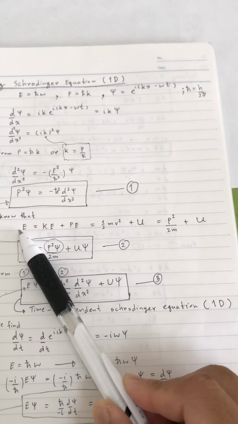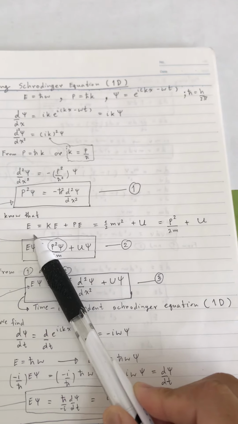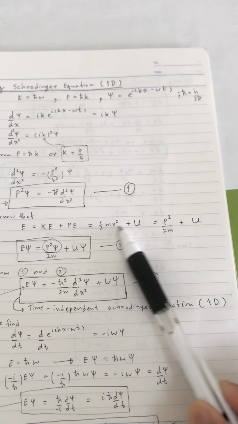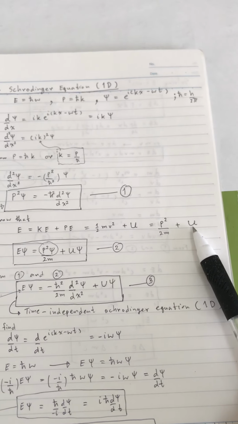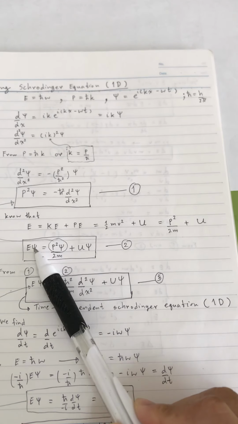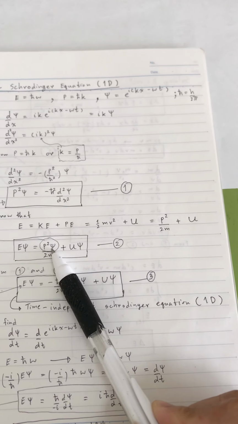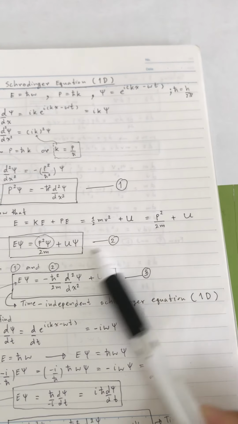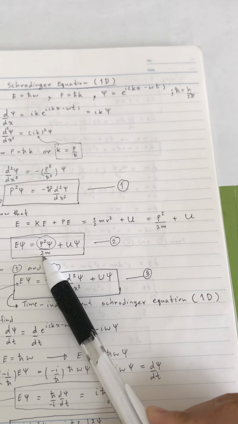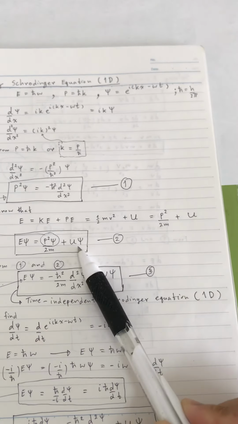And then from this equation, if we multiply it by psi, you obtain E psi equals p squared psi divided by 2m plus U psi, as you can see here.